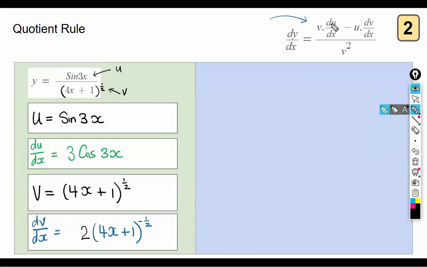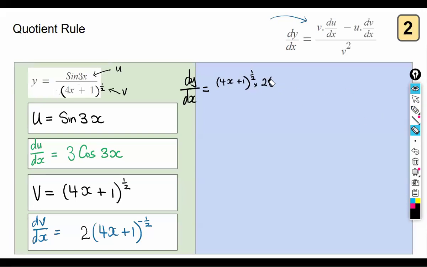We're going to take v multiplied by du/dx. It's just to follow the format of the formula, right? So dy/dx, need all the space I can here, is v. Where's v? v is (4x plus 1) to the power a half multiplied by what? du/dx. Where's du/dx? That's 2, open brackets.